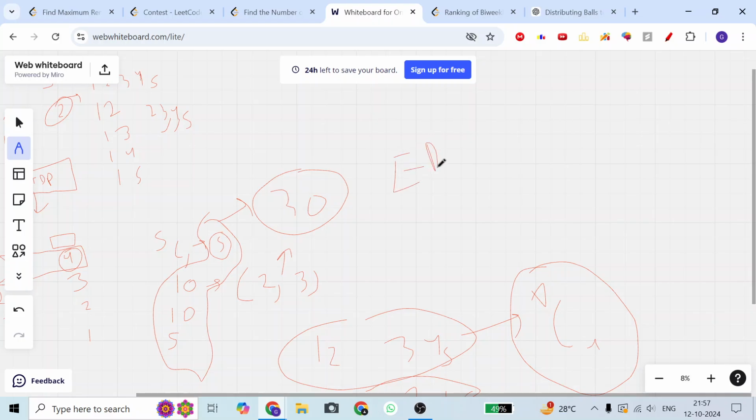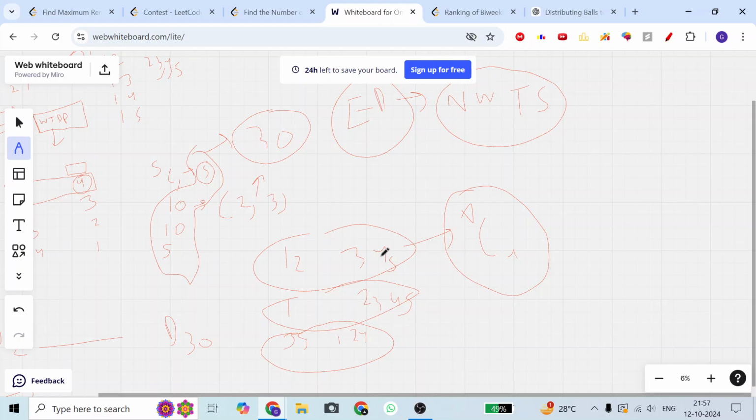So for each division, the number of ways to assign to stages is this, and I need to find this.